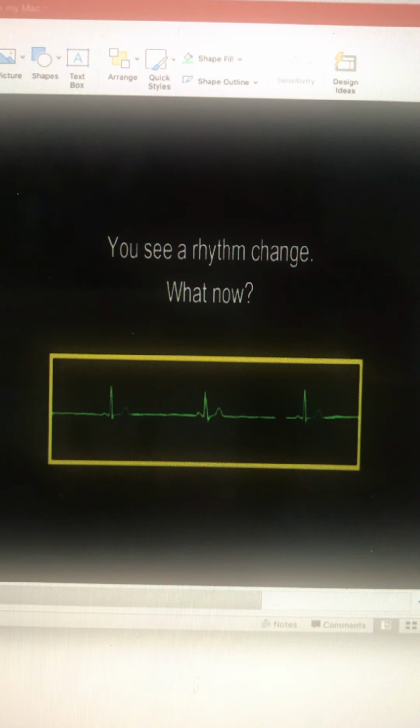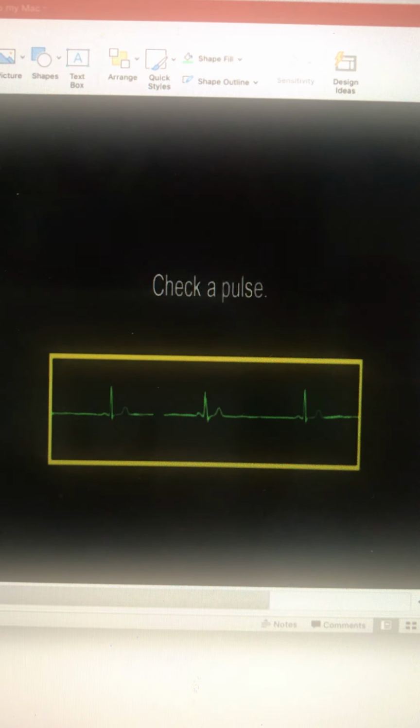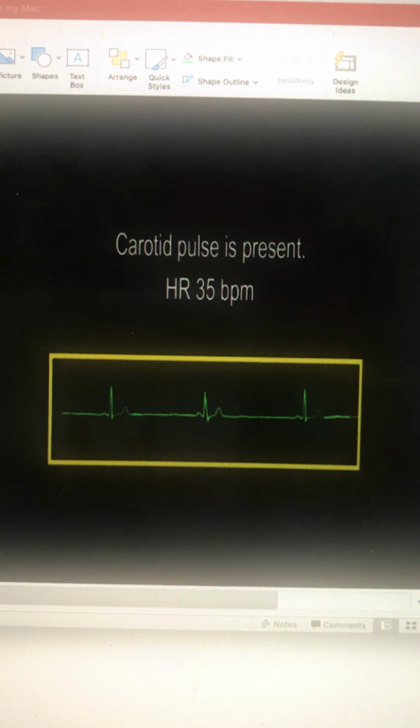And Lourdes, what rhythm is this? Sinus. Prior sinus Brady, right? Mm-hmm. So it's telling us our carotid pulse is at a 35.